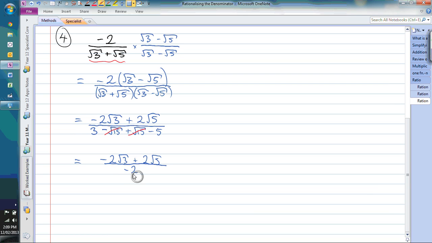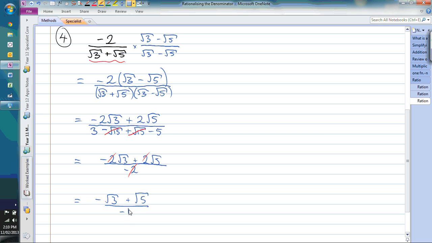And I do have a rational denominator here, but I can actually tidy up a little bit. Everything has a 2 in it. Okay. So what I can do is cancel that top and bottom and end up with negative square root of 3 plus the square root of 5 divided by negative 1.